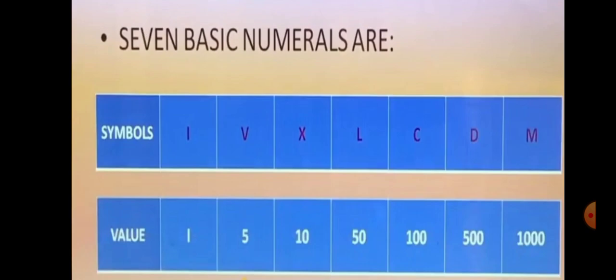I stands for 1, V for 5, X for 10, L for 50, C for 100, D for 500 and M for 1000. So these are the values of these basic symbols.